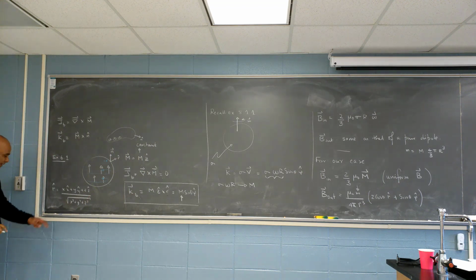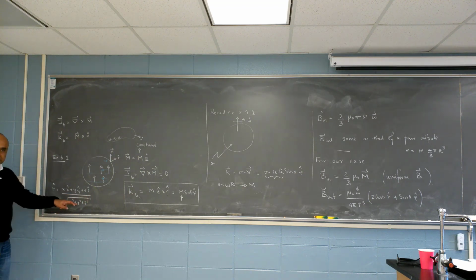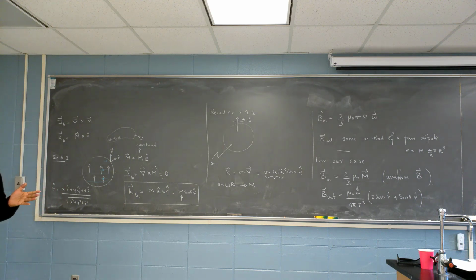Well, this is going to be R on the sphere. And then you do Z cross R, then convert it to phi coordinate system if you want. So we can do it the brute force way, or you can use the right hand rule.